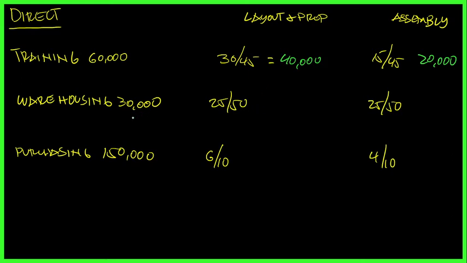For 30,000, so 15,000 and 15,000. There you go, 15,000 and 15,000. Okay, so 60% of 150, how much is that? I think 90,000. Yes, it's 90,000.